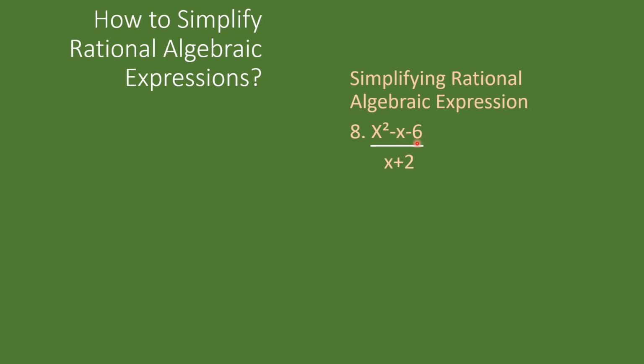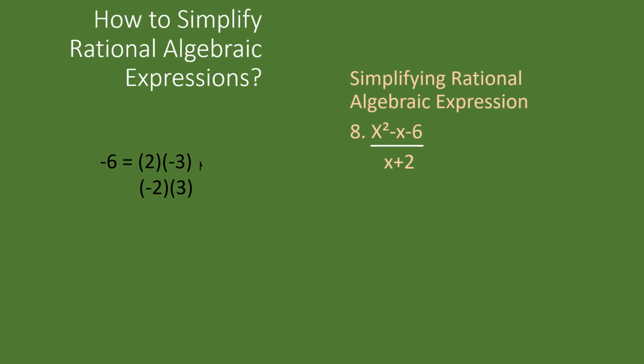So negative 6 can be negative 2 and 3 or negative 3 and 2. So which of these 2 factors wherein if we're going to add is equal to negative 1?